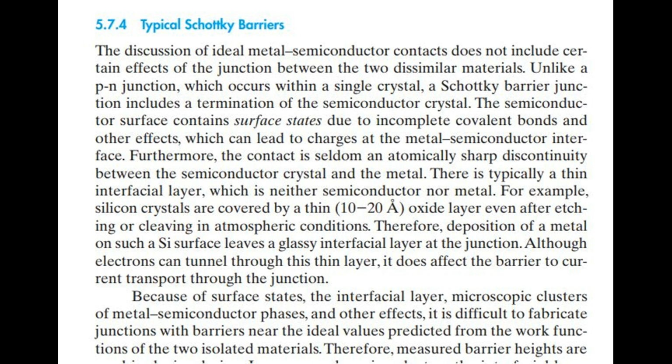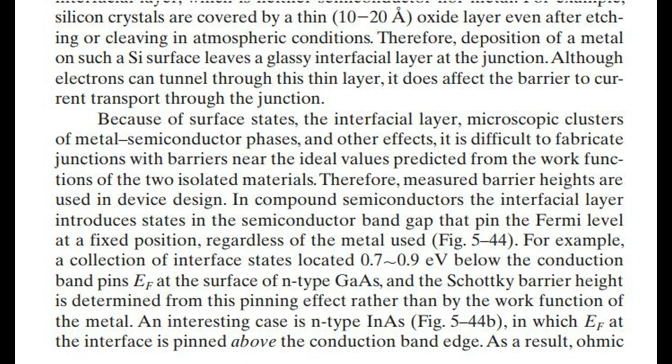Because of surface states, the interfacial layer, microscopic clusters of metal semiconductor phases, and other effects, it is difficult to fabricate junctions with barriers near the ideal values predicted from the work functions of the two isolated materials. Therefore, measured barrier heights are used in device design. In compound semiconductors, the interfacial layer introduces states in the semiconductor band gap that pin the Fermi level at a fixed position, regardless of the metal used, Fig 5-44.